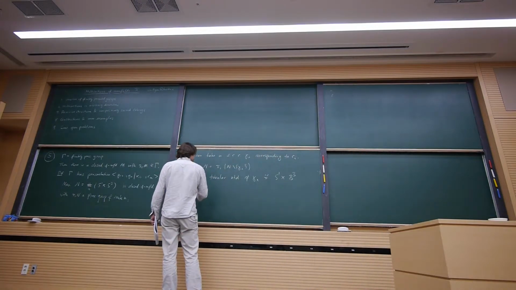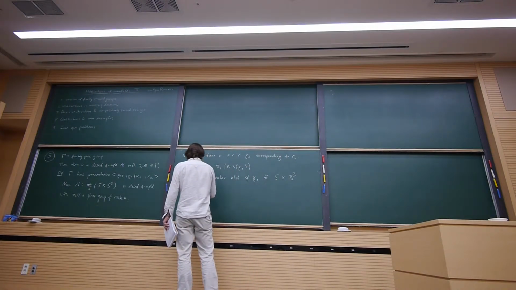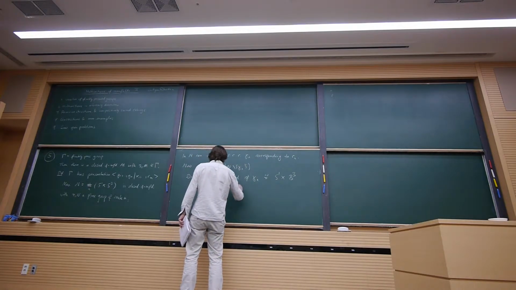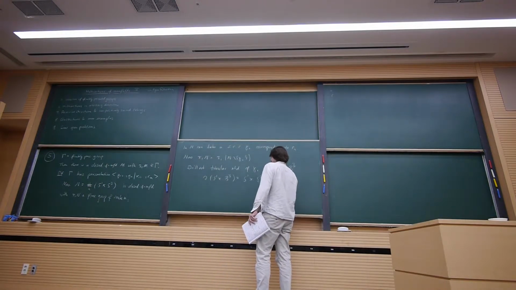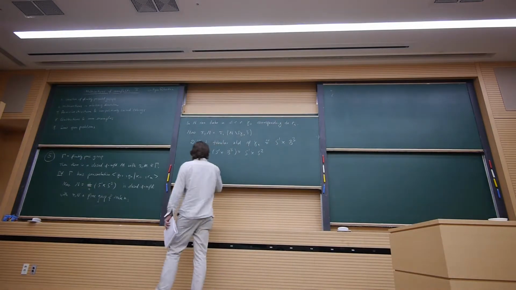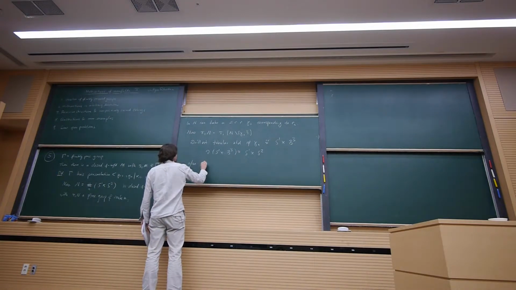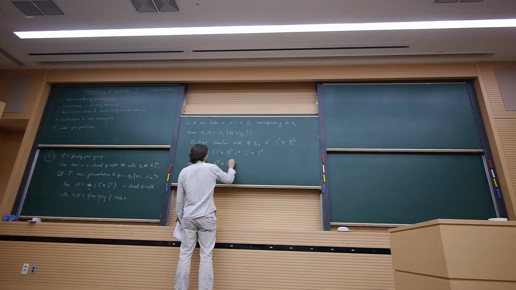Then the boundary of S1 times B3 is just S1 times S2, and we glue in S2 times D2.